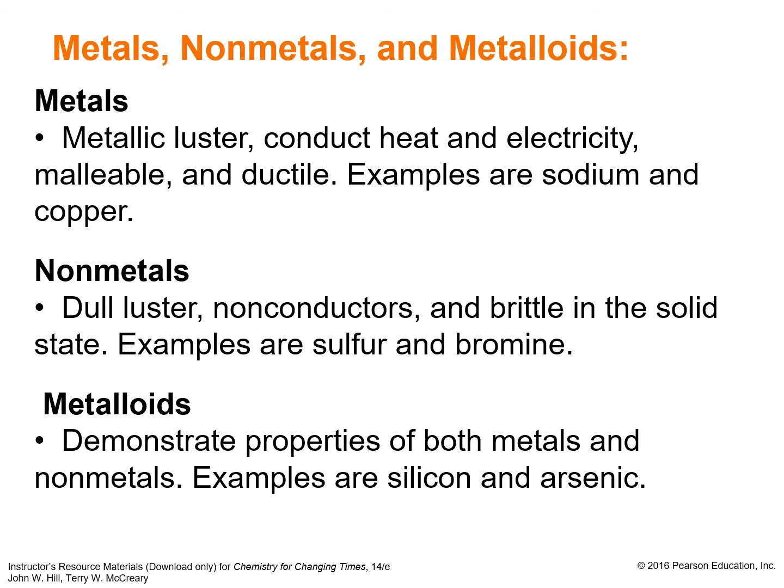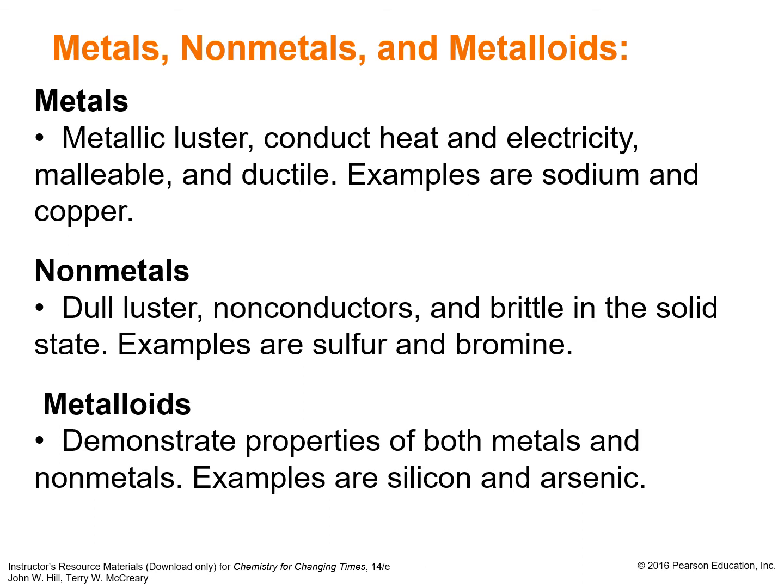That means they can be flattened or made into wires. For example, copper, you all know, is a metal. It has a certain metallic luster. You all have seen copper metal. You can either have flat copper sheets or you can have copper wires. So that's what you mean by malleable and ductile.